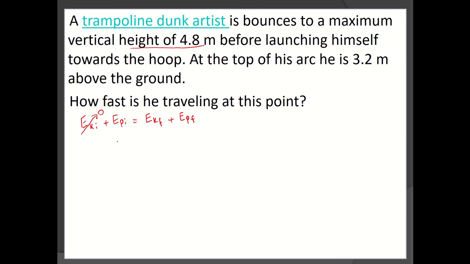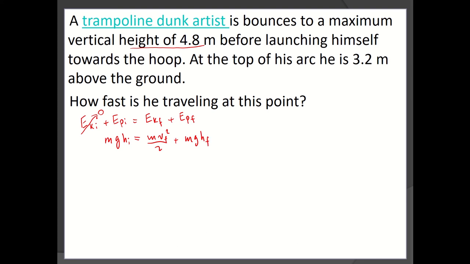So in this case, we're going to be left with mg initial height equal to the kinetic energy, so it's going to be mv final squared over 2 plus the mgh final.